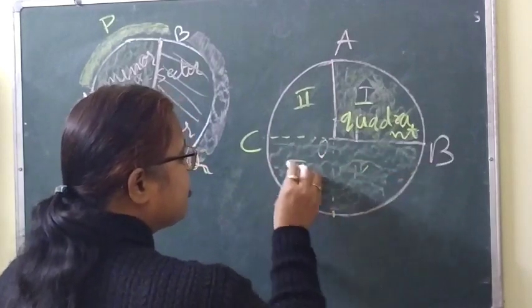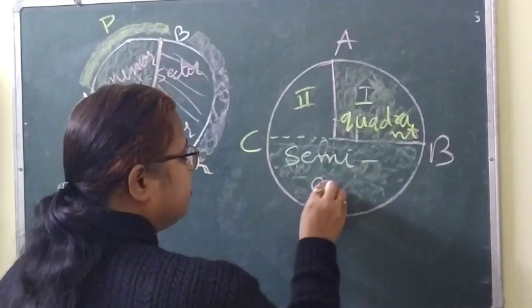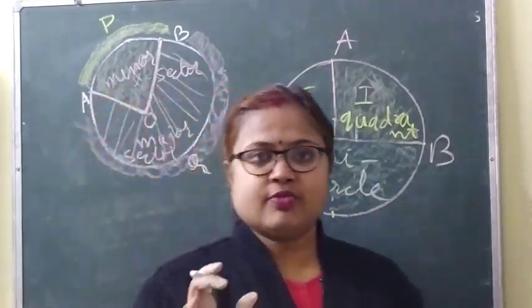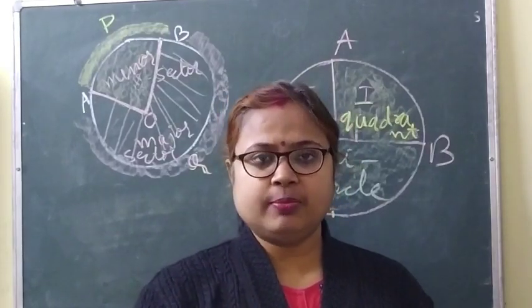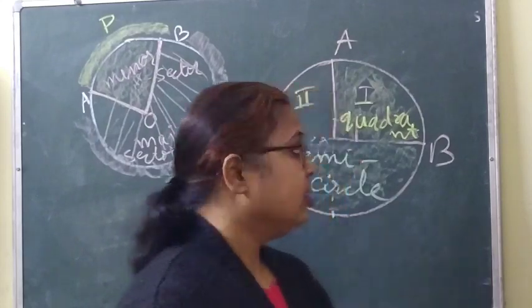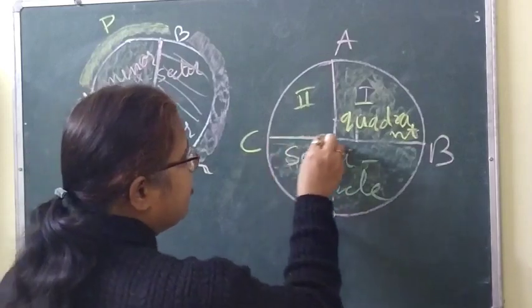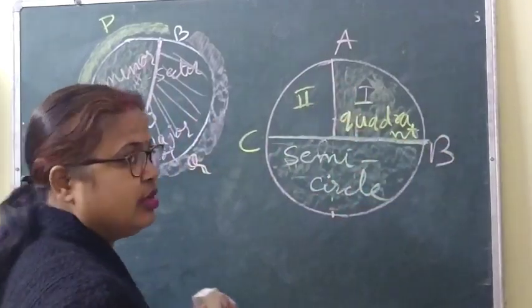So this half is called a semicircle. Okay. Once again, diameter divides the circle into two equal parts, and each part is called a semicircle. So the circle is divided into two equal parts: first this part, and another one is this part.